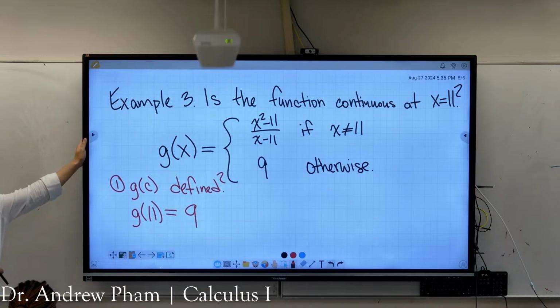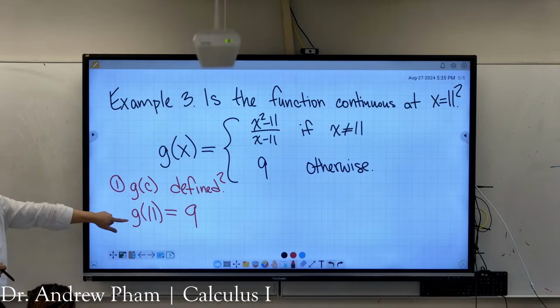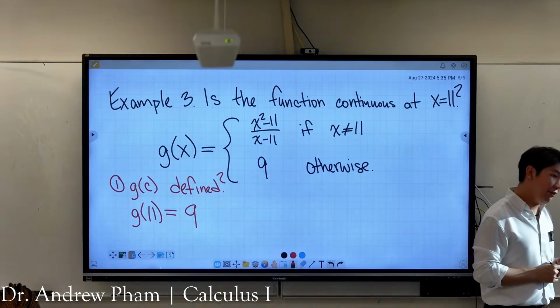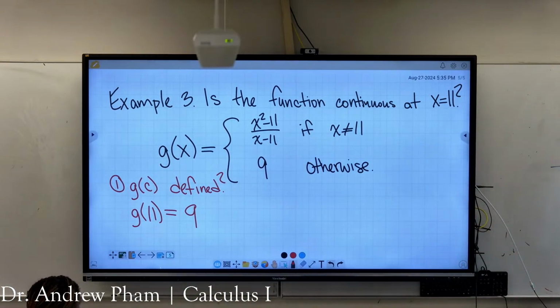I'm going to take a pause there. First off, do we see why I said that g of 11 is 9? What does g of 11 mean? It just means what happens if x is 11.